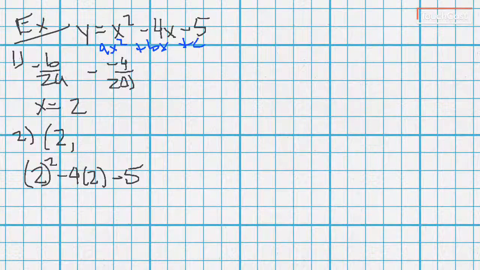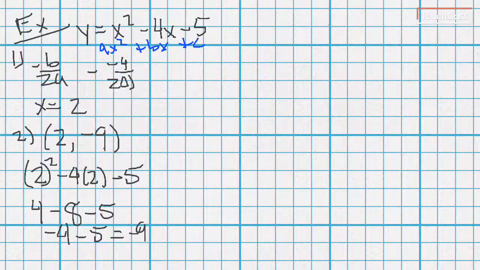Now I put parentheses around 2 because if that 2 was negative, the result is going to be different. So 2 times 2, we know that's 4, minus 4 times 2 is 8, minus 5. Well, 4 minus 8, that is negative 4. And if we subtract 5 from that, we're going to get negative 9. So our vertex is going to be at the point 2, negative 9.